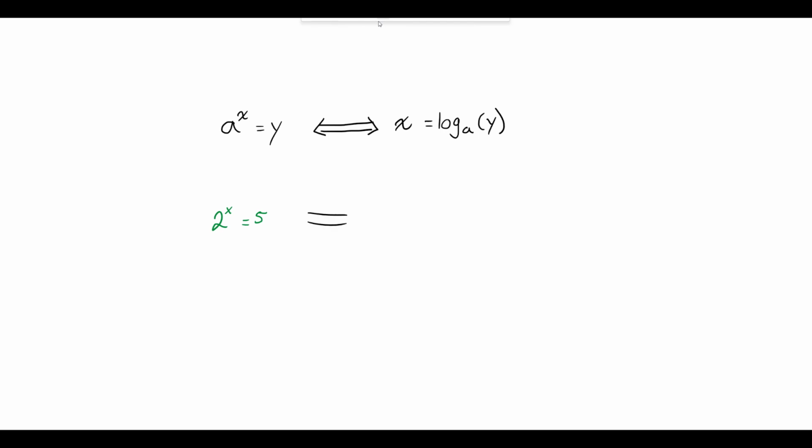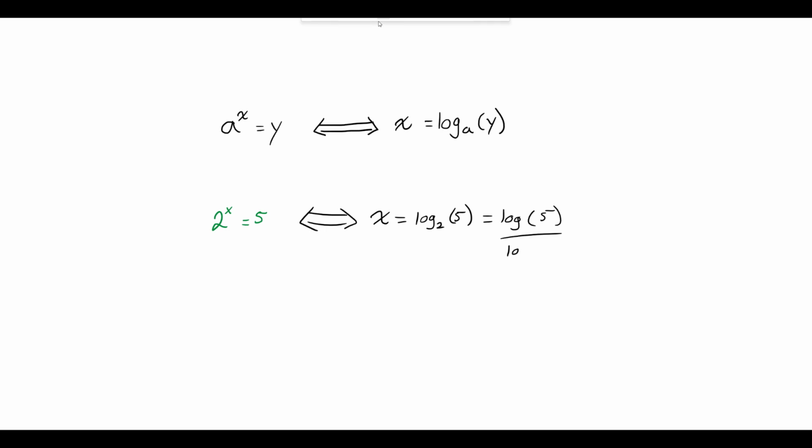When we use the formula in our calculator, x is the log base 2 of 5. You can plug that directly in your calculator, or use the change of base formula if you don't have the base option. It's going to be log of 5 over log of 2, and by the way, log with nothing written is base 10.